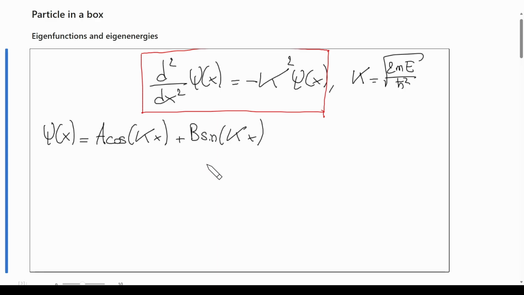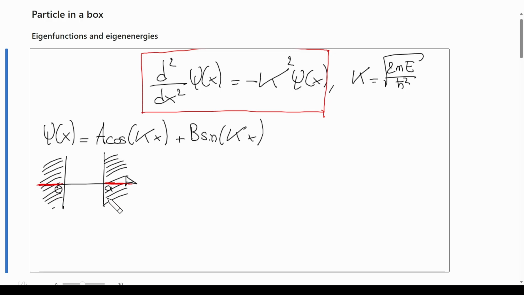And now we use the fact that we know that the particle cannot live outside the interval 0 to a. So this means that the wave function will be 0 outside 0 and a.